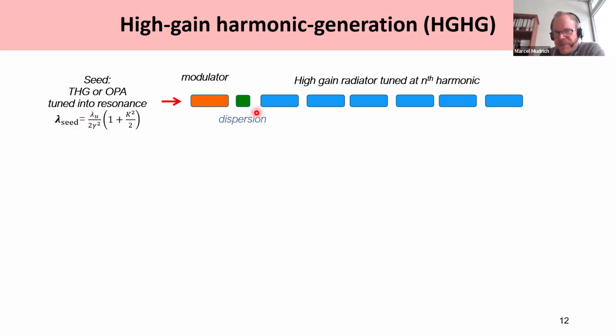Then we have a dispersive section given by a magnetic chicane, and the trick is that in this magnetic chicane, the energy modulation induced by the seed laser is converted into a density modulation.